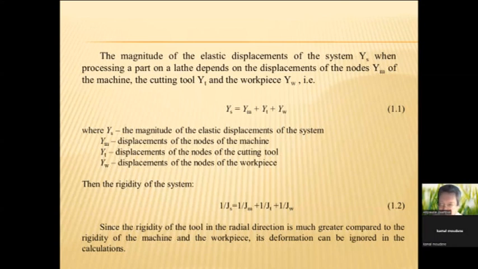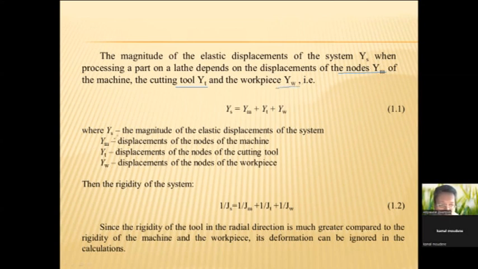So we have the formula 1.1: Y_S is equal to Y_M plus Y_T plus Y_W.